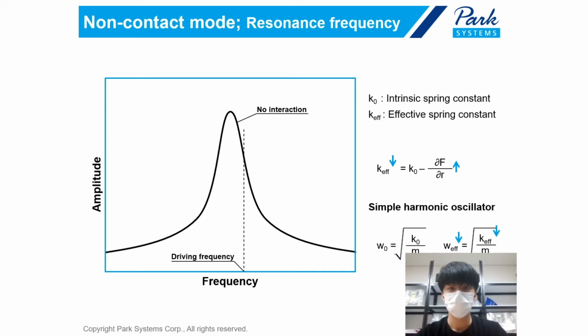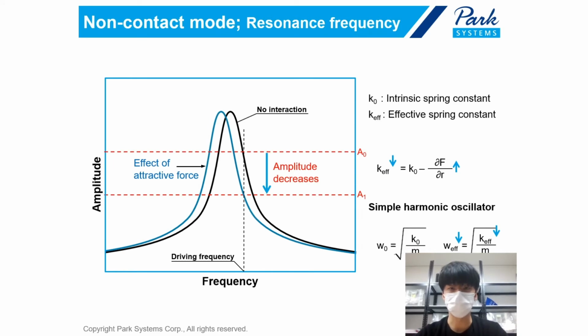So it causes a shift of the resonance frequency curve like this. And at the point of the driving frequency, the amplitude decreases from A0 to A1 by the curve shift. So we use this phenomenon for feedback in non-contact mode.